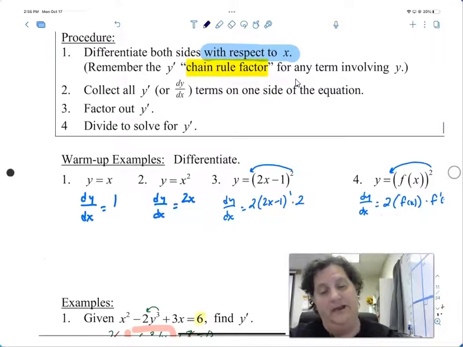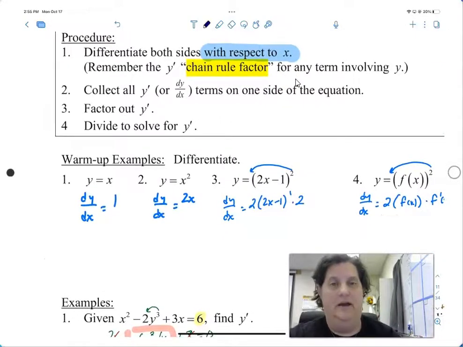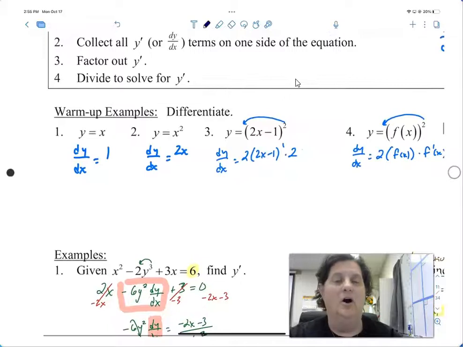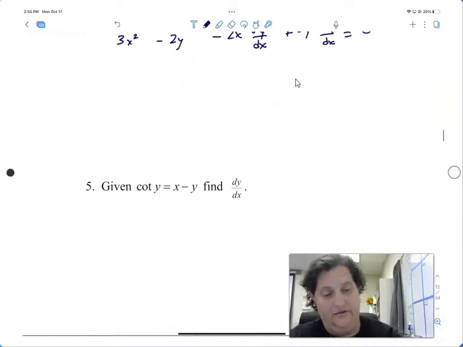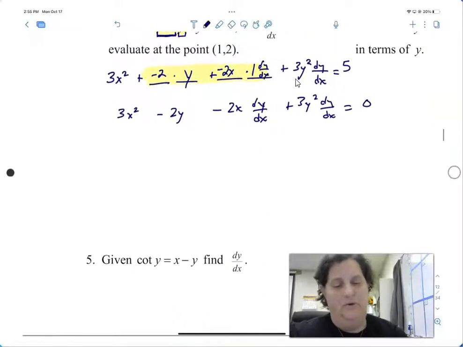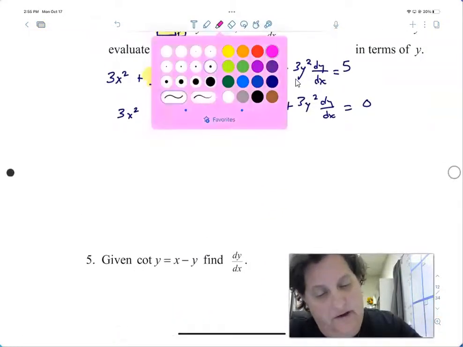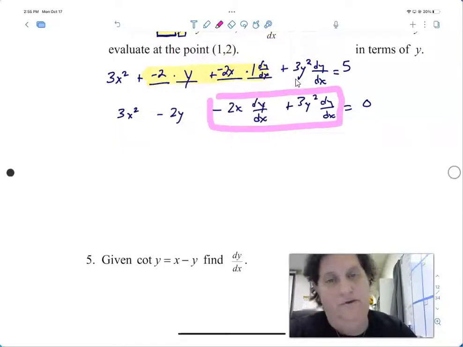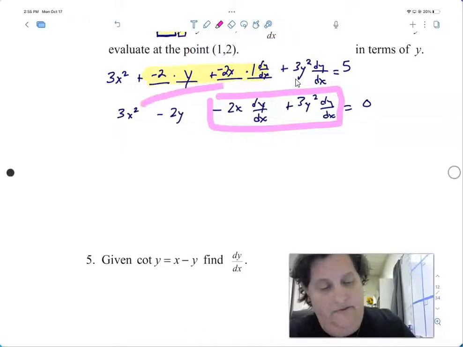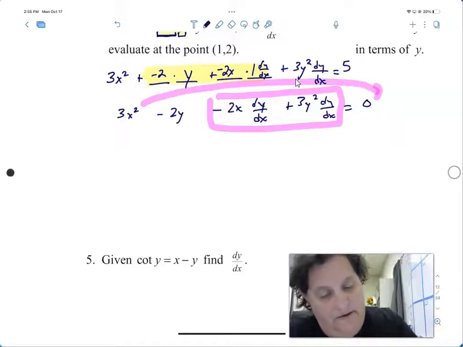Differentiate both sides with respect to x. Remember the chain rule, so that means the dy/dx. Collect all the dy/dx on one side and put everything else on the other side. It doesn't matter which side you go to. I'm going to leave these here because they're already there, and move these to the other side.